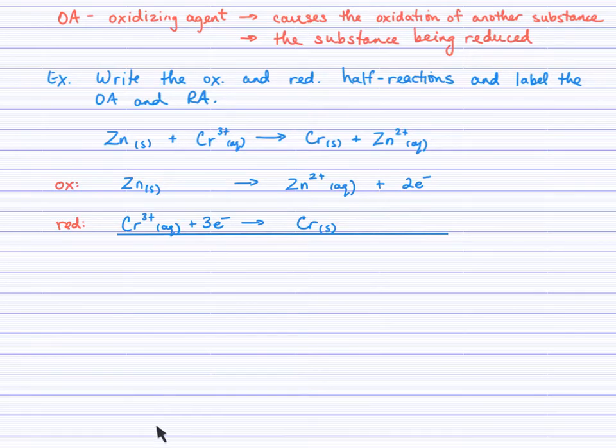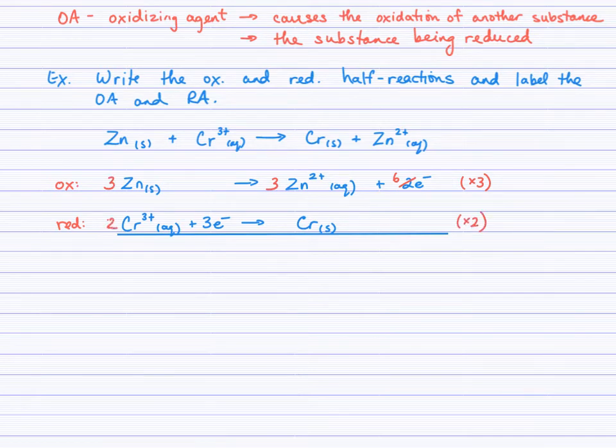Now, I didn't ask you to balance the overall equation, but the one that I gave you was not balanced for charge, so we'll just suggest what's coming up in a future lesson here by multiplying this equation by 3 in order to make the total electrons lost equal the total gained.